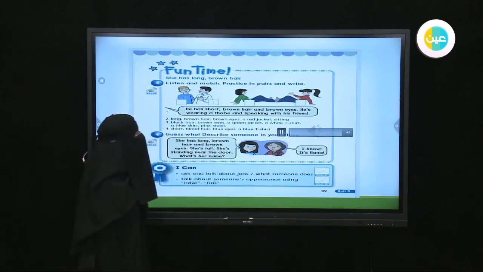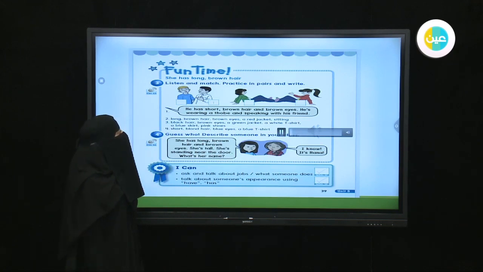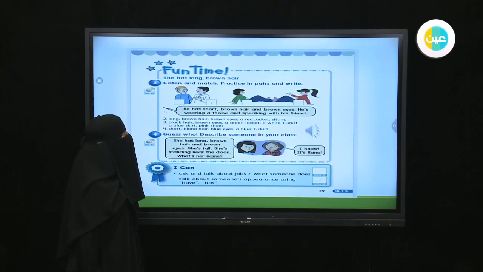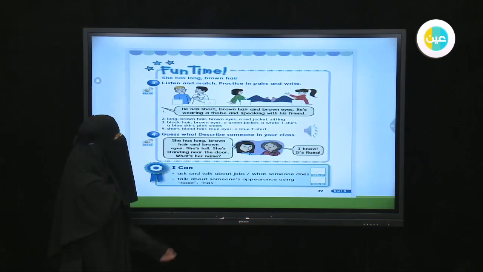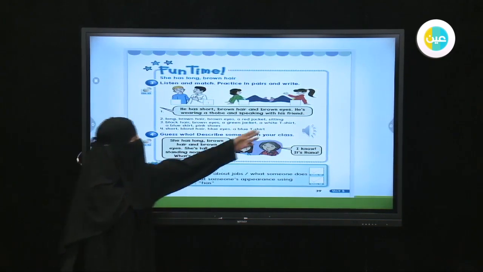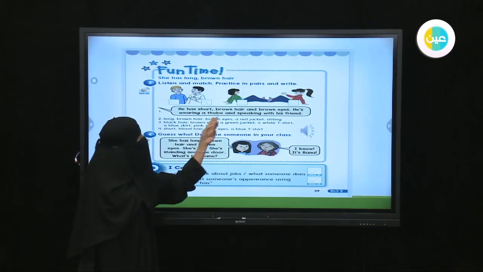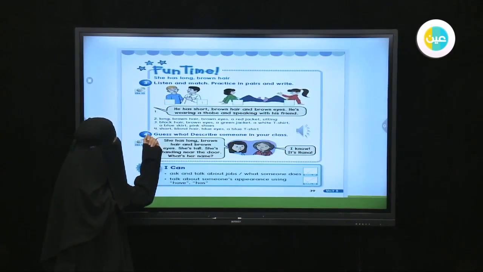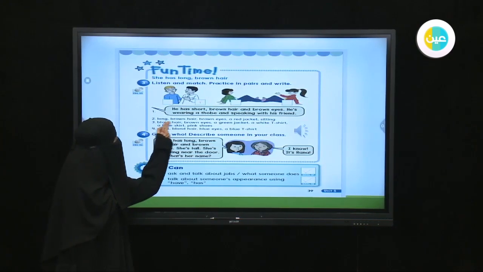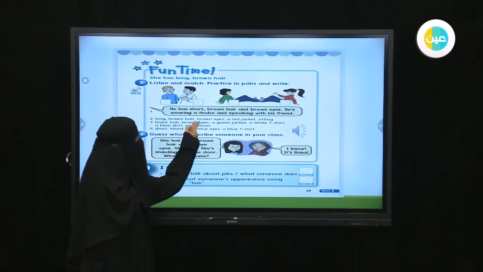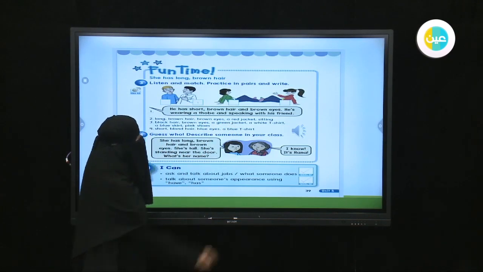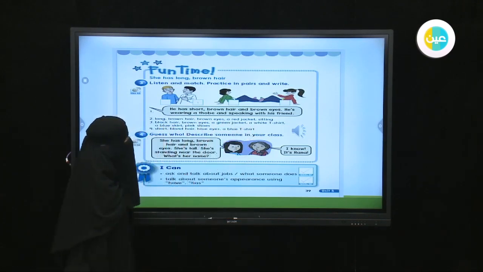Are you ready? Listen and match with the right picture. Number 1. He has short brown hair and brown eyes. He's wearing a thobe and speaking with his friend. Number 2. She has long brown hair and brown eyes. She's wearing a red jacket and sitting with her friend.